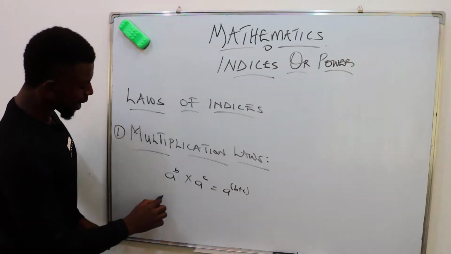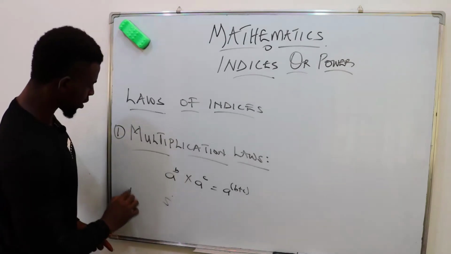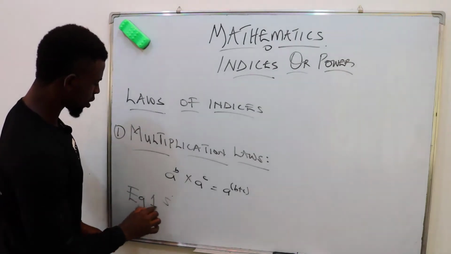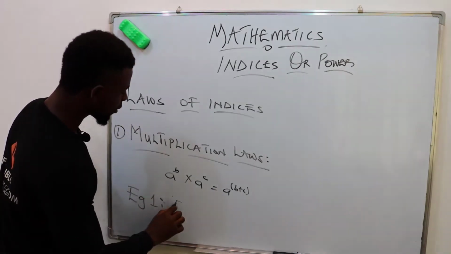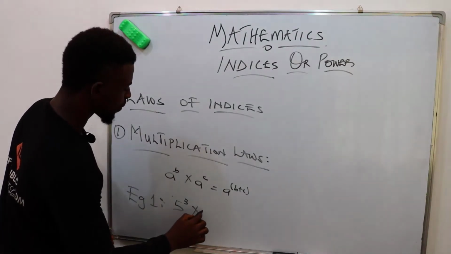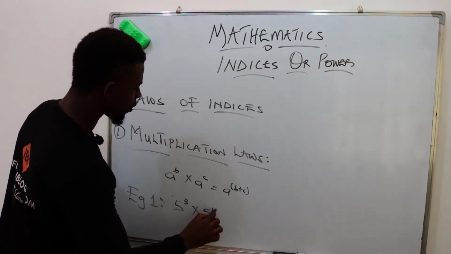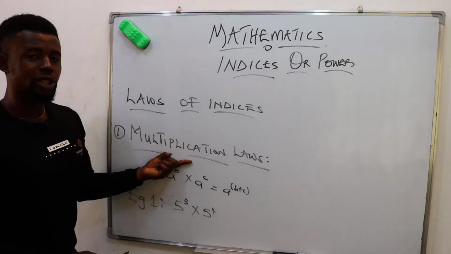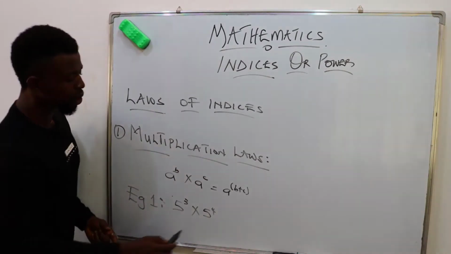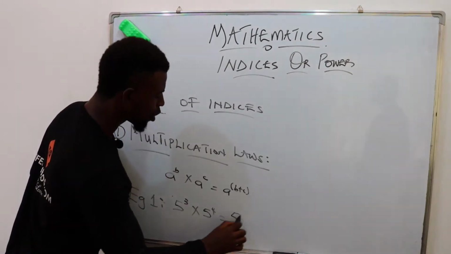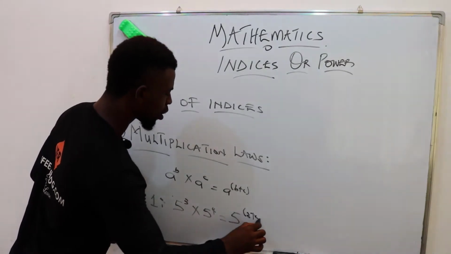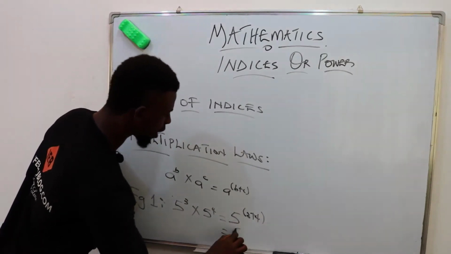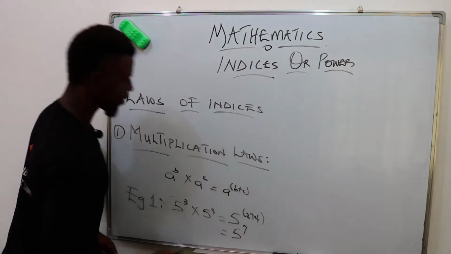So for example, if I have 5 raised to power 3 times 5 raised to power 4, from our multiplication law, the solution is equal to 5 raised to power 3 plus 4, which is equal to 5 raised to power 7.